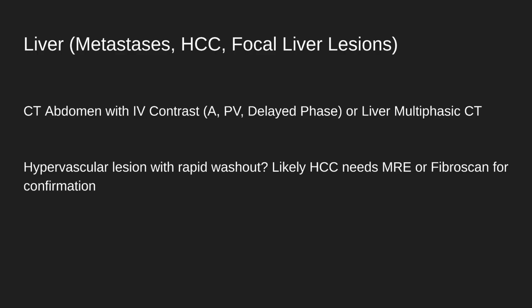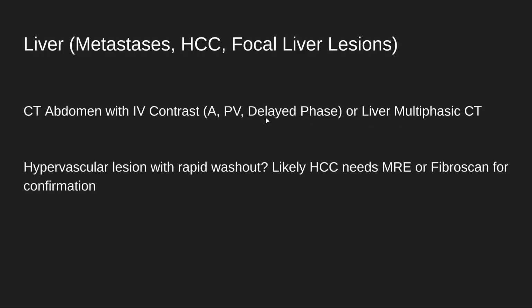Now, what about the liver? Again, we gave you an example of the liver with these three phases. So whenever you suspect metastasis or hepatocellular carcinoma or really focal liver lesions in general, you order a CT abdomen with IV contrast: arterial phase, the most important portovenous phase, and the delayed phase, or sometimes they call it triphasic CT.